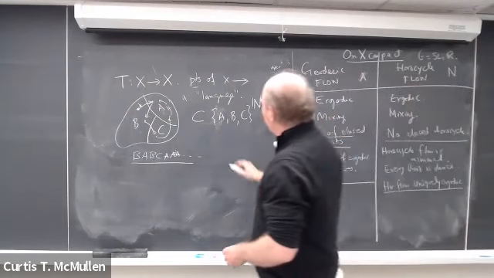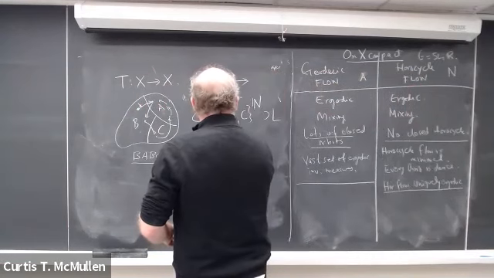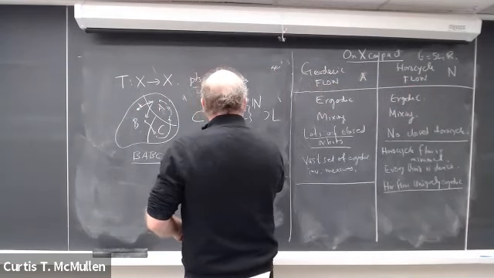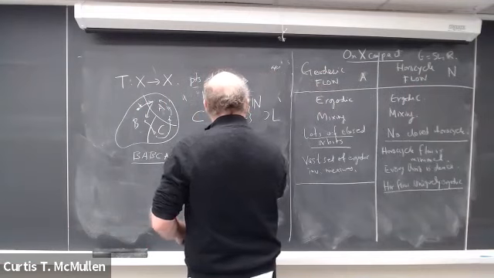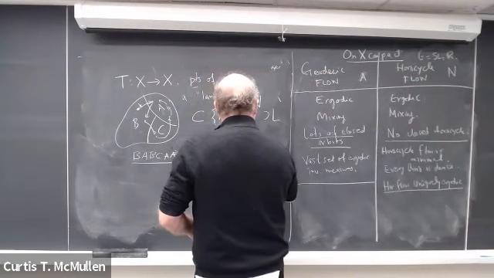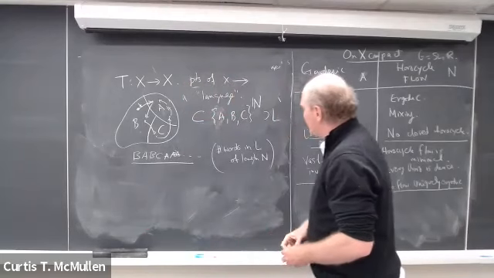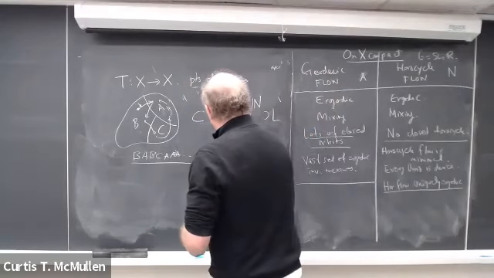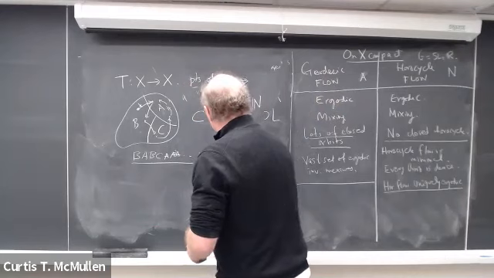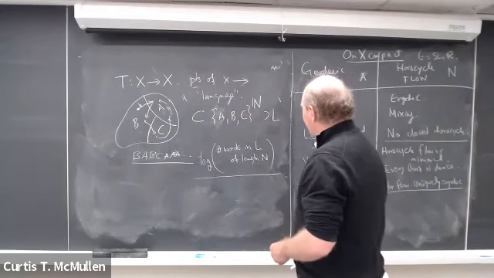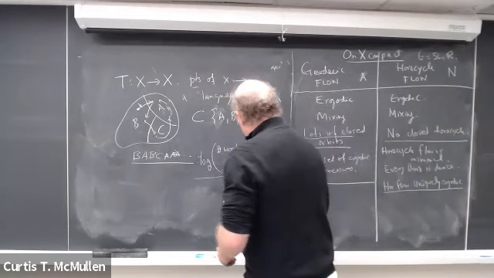And now we can look at the number of words in L of length n. And we're expecting that to grow exponentially. So we can take the logarithm of this, and then we can divide by n.